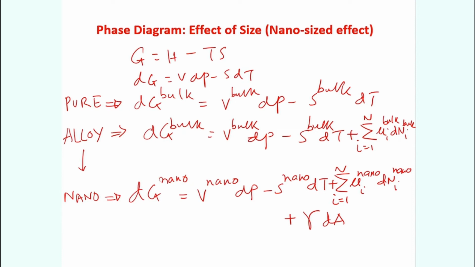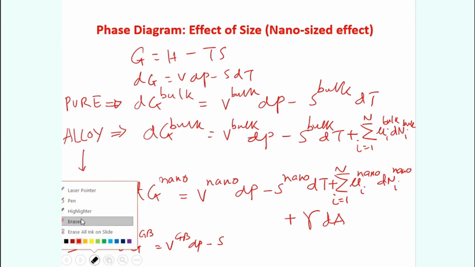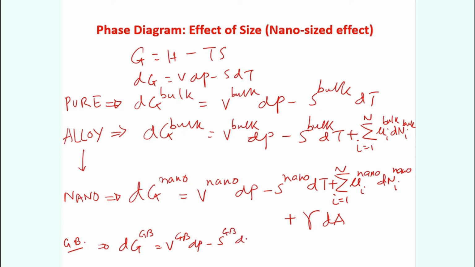And if you are considering the bulk nanomaterials, so you have a grain boundary structure, grain boundaries, then this will be plus gamma GB dA GB, right?